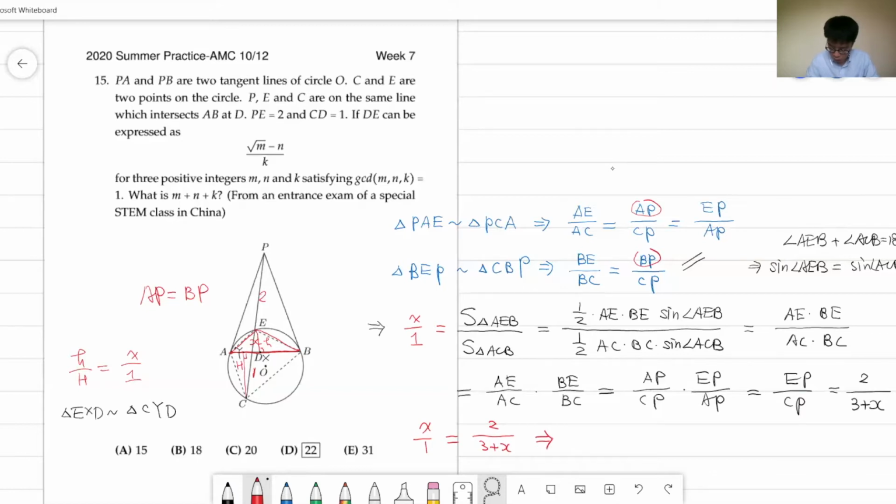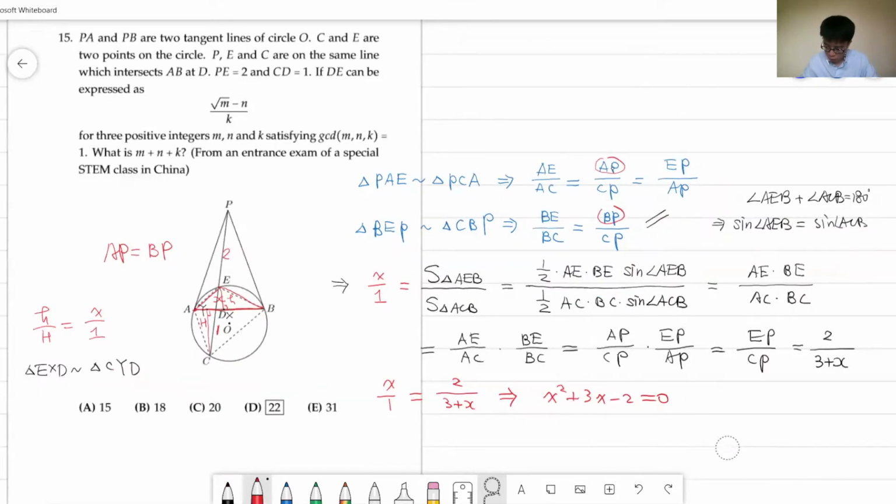This implies X squared plus 3X minus 2 equals 0. And now we can solve for the value of X. Of course, in general we have two roots, but here X is the length of a line segment, so it must be positive. So here I have to take the positive sign.